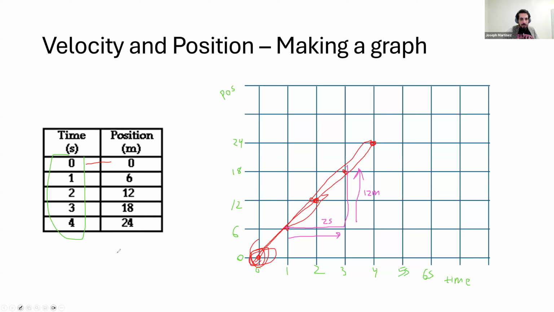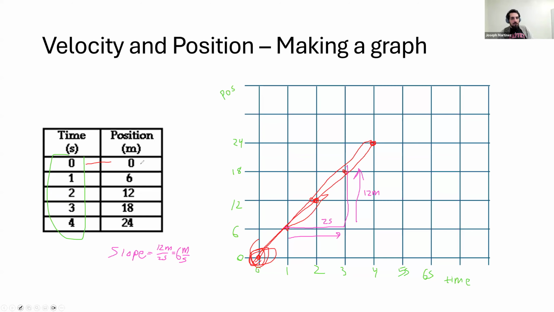So your slope, which will actually be calculated for you by the computer, but this is all it's doing, rise over run, is going to be 12 meters over 2 seconds. 12 meters over 2 seconds gives you 6 meters per second. So that would be your slope.